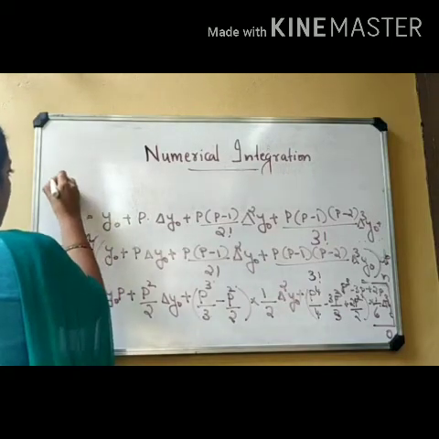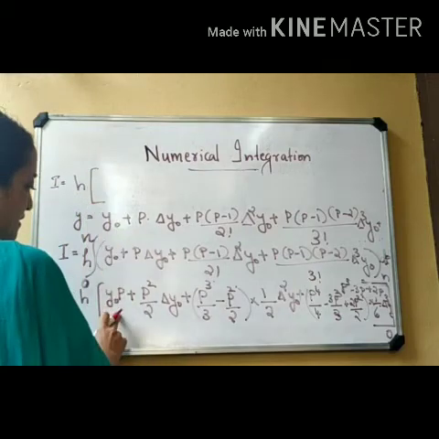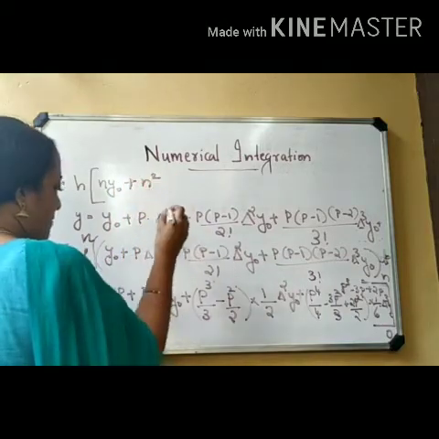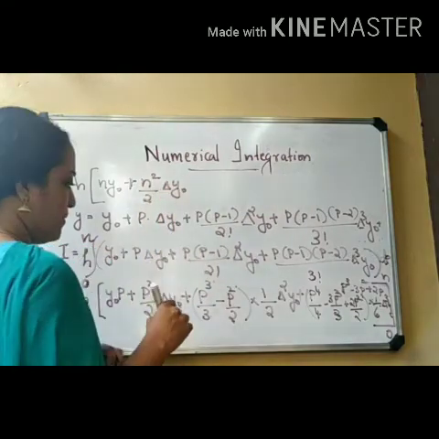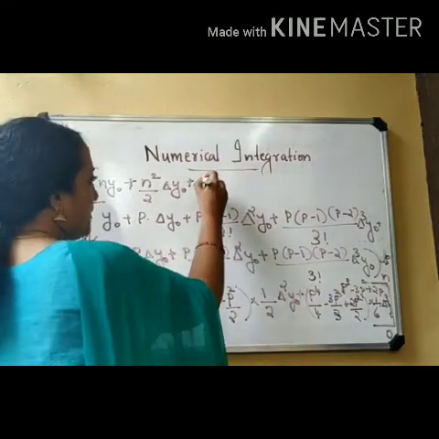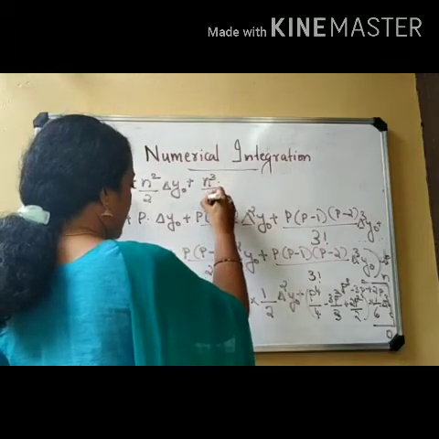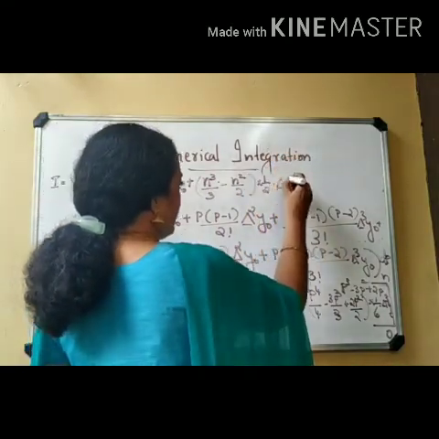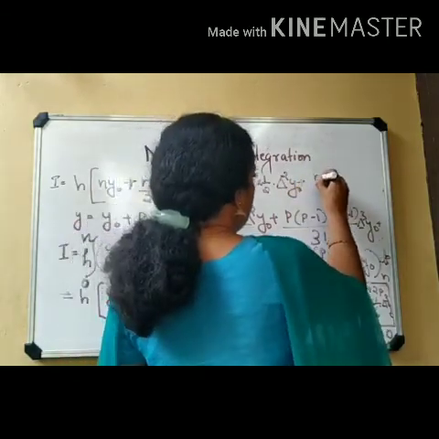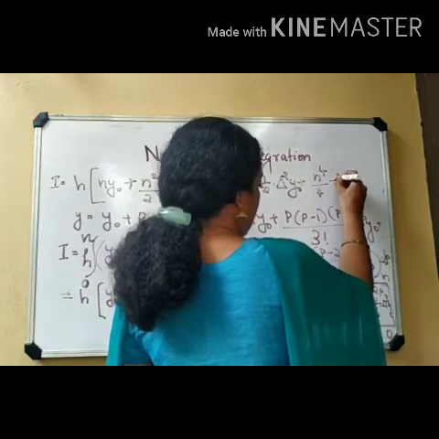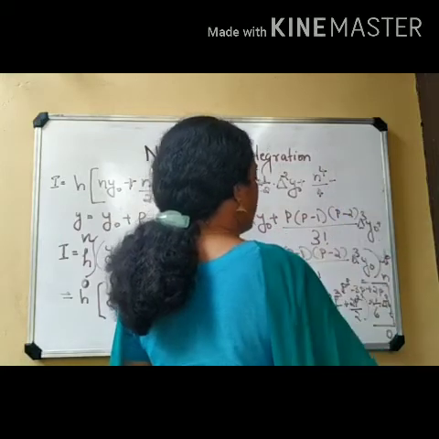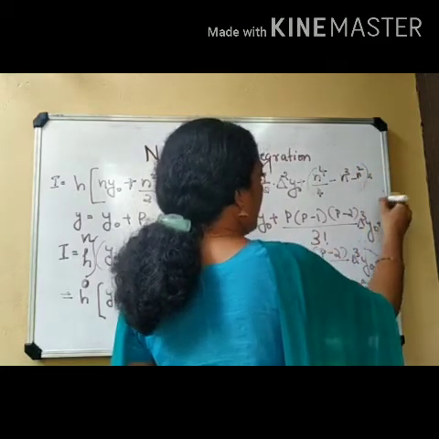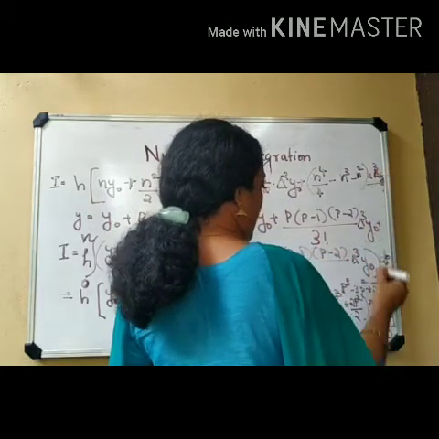So this becomes I is equal to h into first term n y0 plus n square by 2 del y0 plus next term n cube by 3 minus n square by 2 into 1 by 2 into del square y0 plus next term n raised to 4 by 4 minus n cube plus n square into del cube y0 divided by 6.